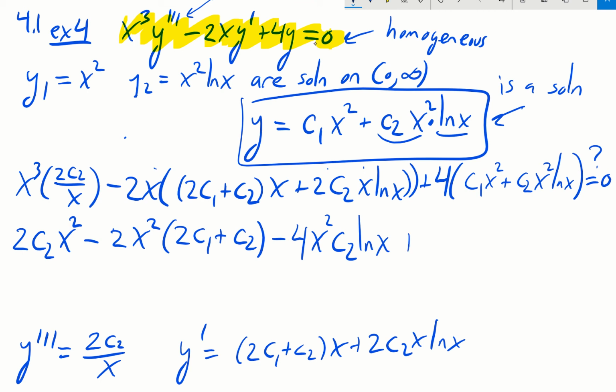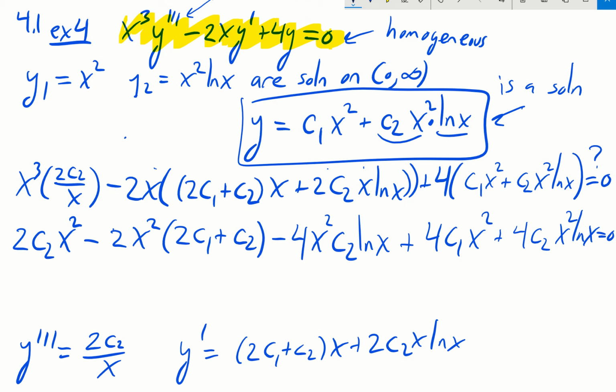And then we also have, if we distribute the 4 in, 4c1 x squared plus 4c2 x squared ln of x, which should be equal to 0.